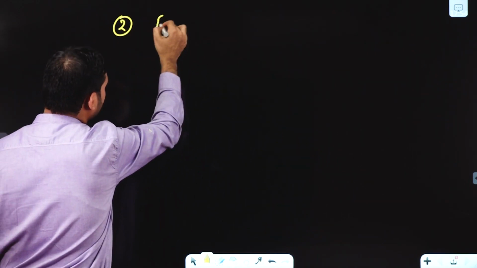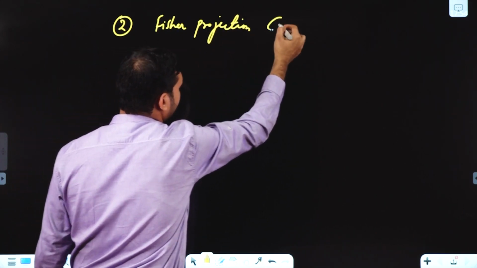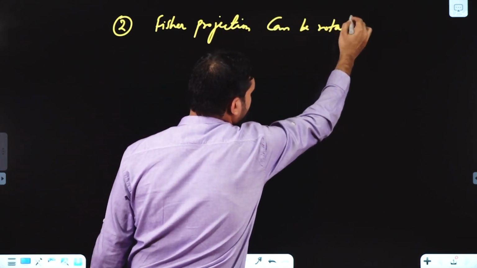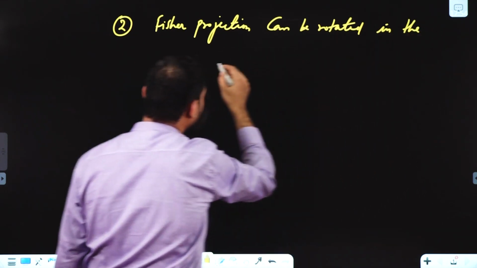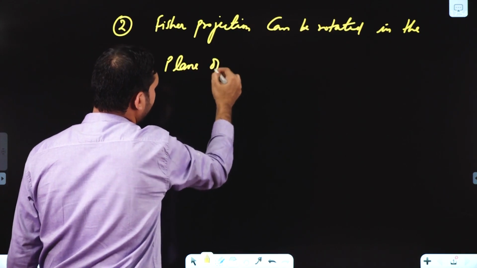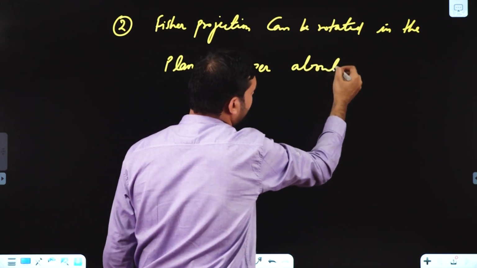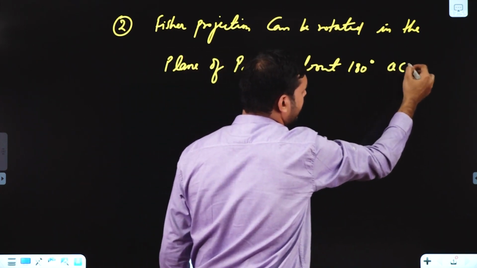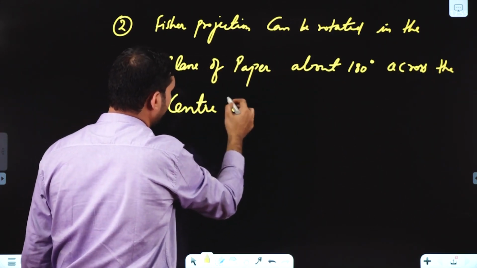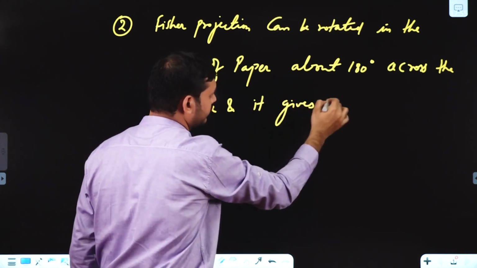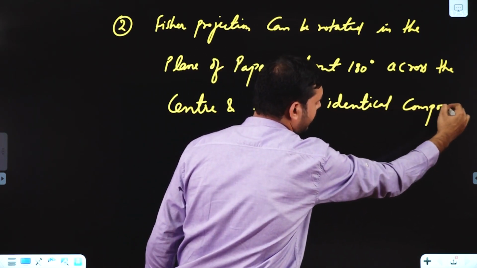Second feature: Fisher projection can be rotated in the plane of paper about 180 degrees across the chiral center, and it gives an identical compound.